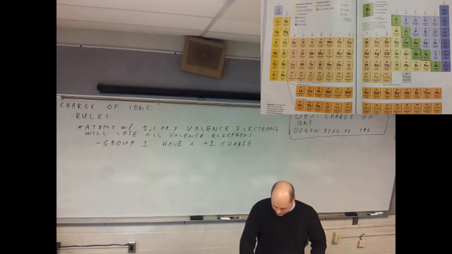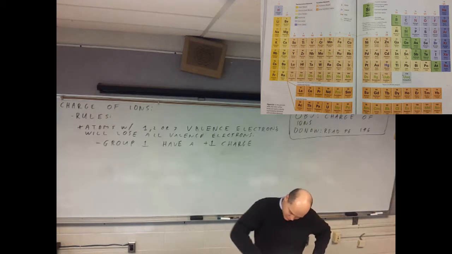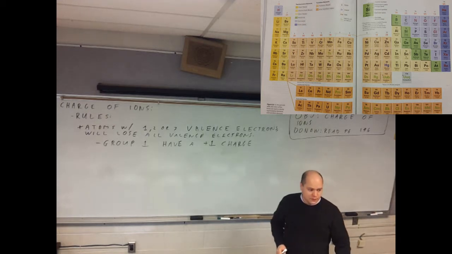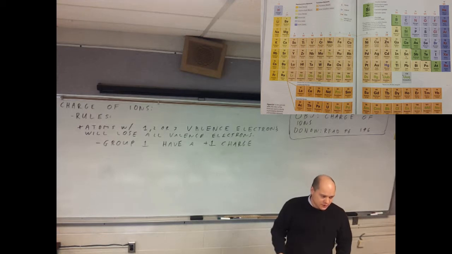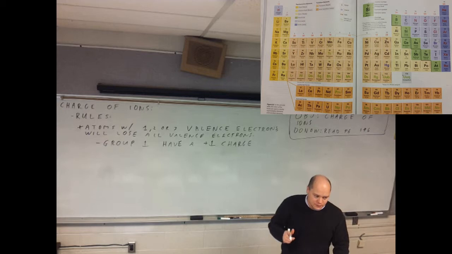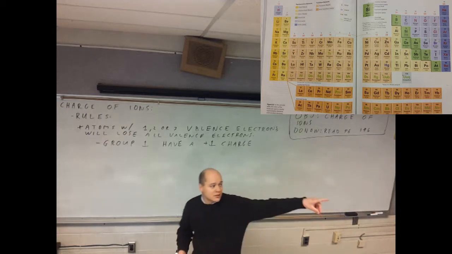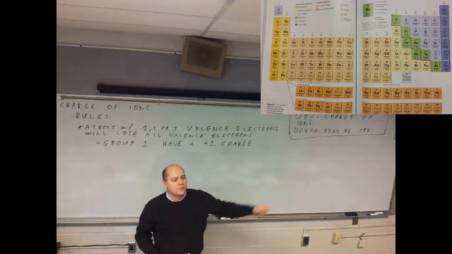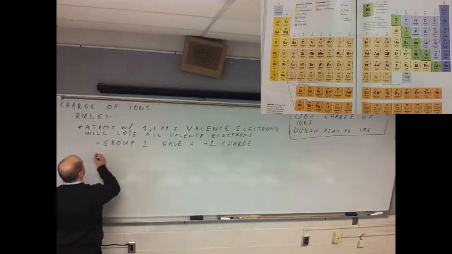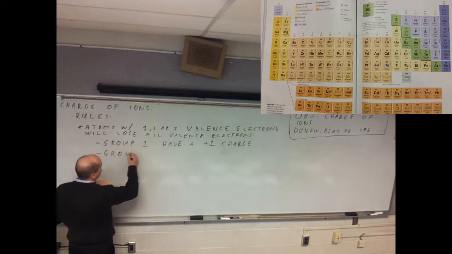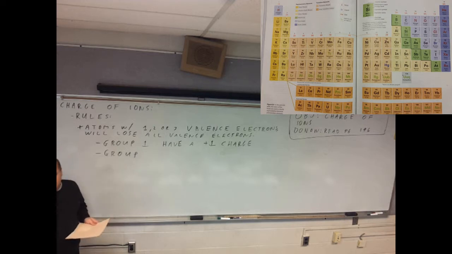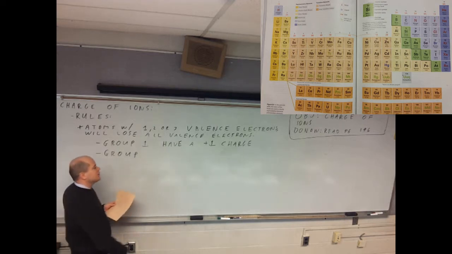That's this first column. Wait, how do you know that they have a +1 charge? They all have 1 valence electron, so any one of those, when it reacts with something, is going to lose that 1 electron. Okay. +1. Actually, if you guys look up there, I wrote above each of the columns what the charges are. Okay, group 2, and you should write this above group 1 on your periodic table, write +1 so you know all the ones that column +1.